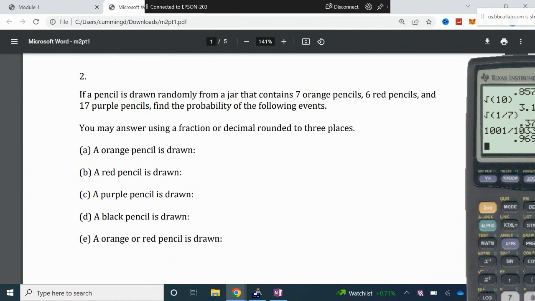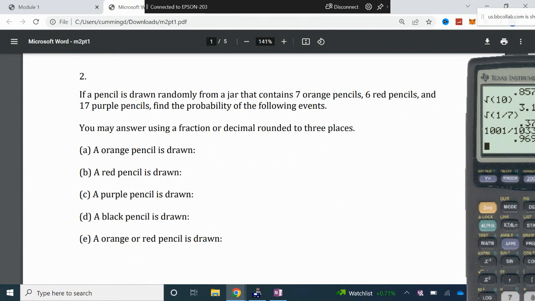A, an orange pencil is drawn. B, a red pencil is drawn. C, a purple pencil is drawn. D, a black pencil is drawn.